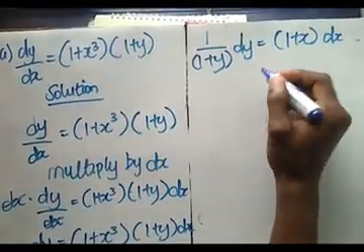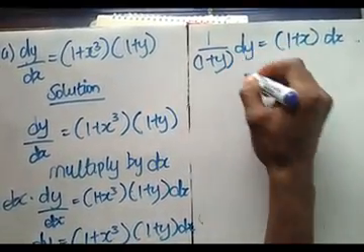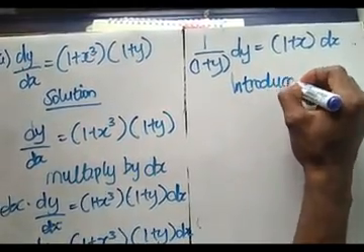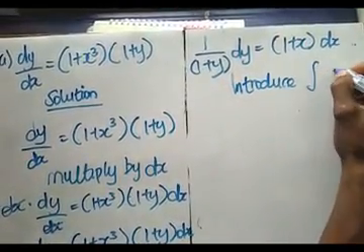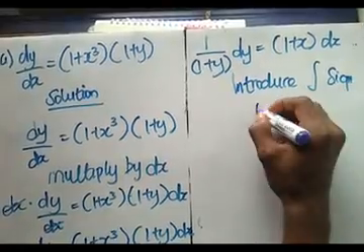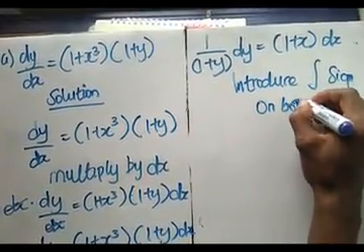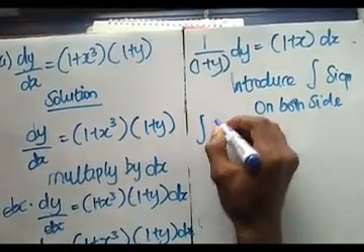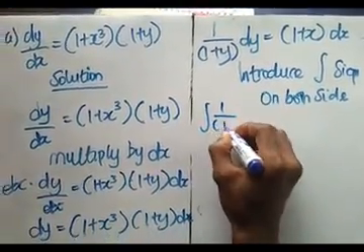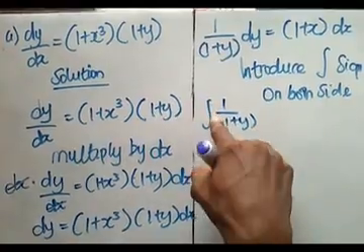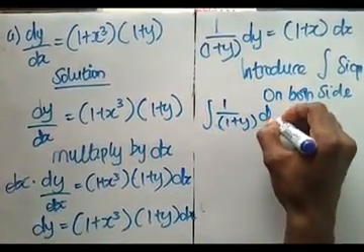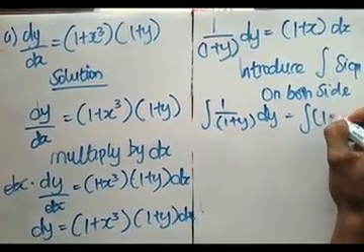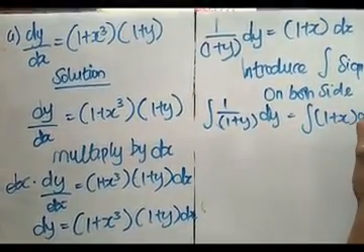So we can easily introduce our integral sign on both sides. So we have the integral of 1 over 1 plus y dy equals the integral of 1 plus x dx.